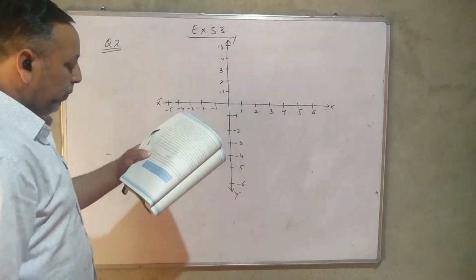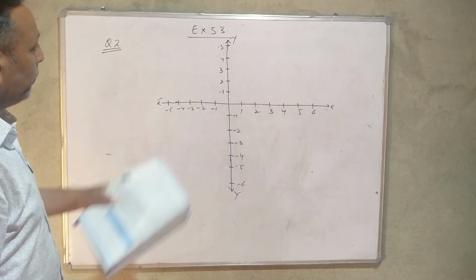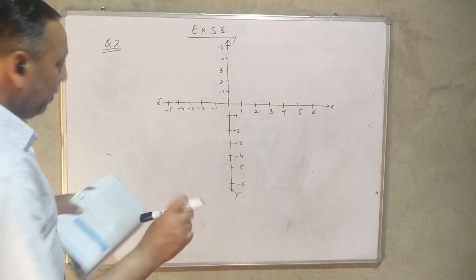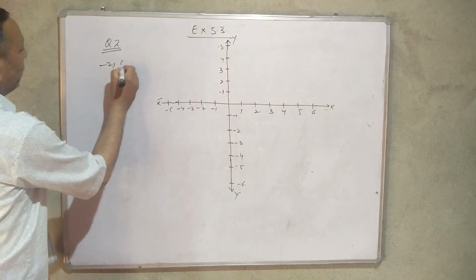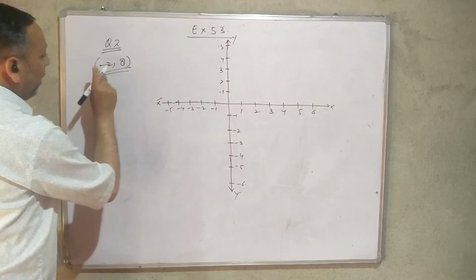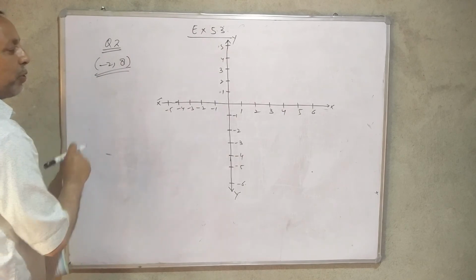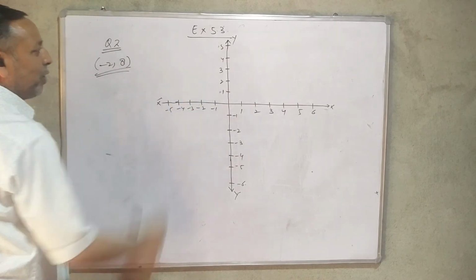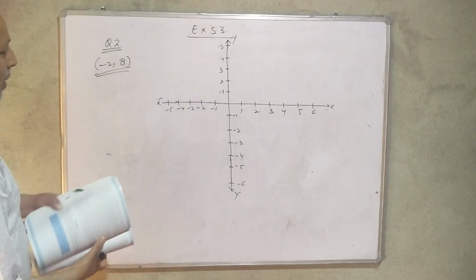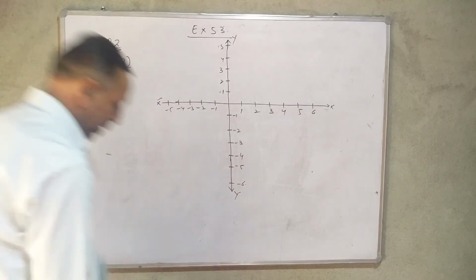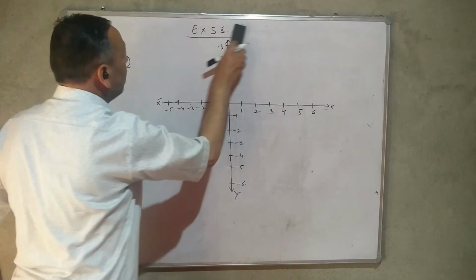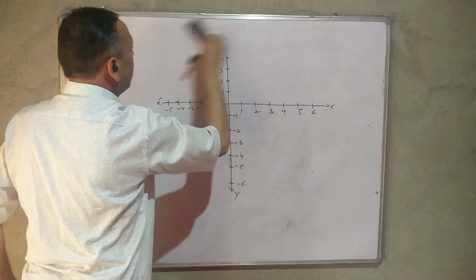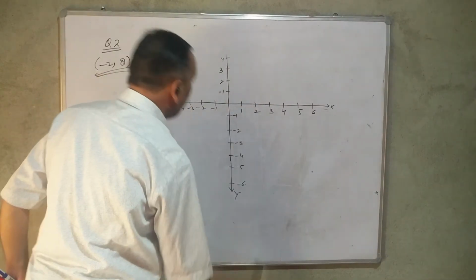Now plot the point (-2, 8). Here clearly x is negative and y is positive, so it will lie in the second quadrant. Let me extend this second quadrant here.